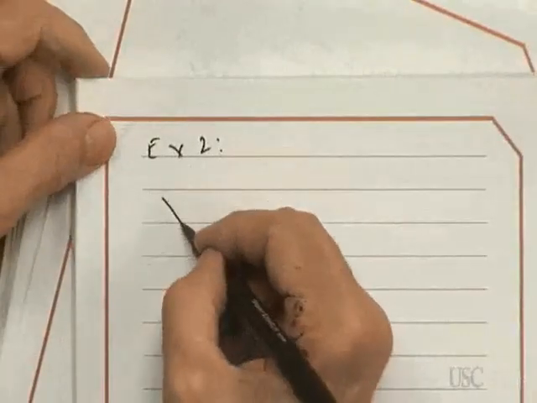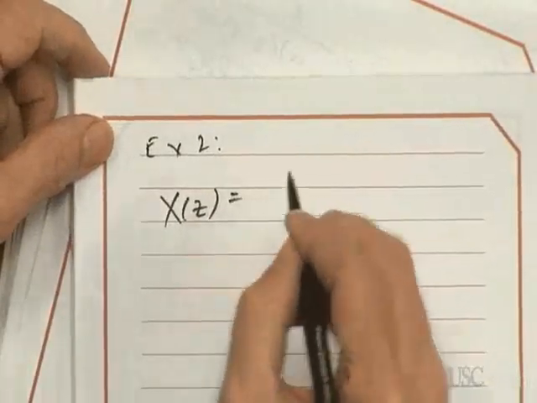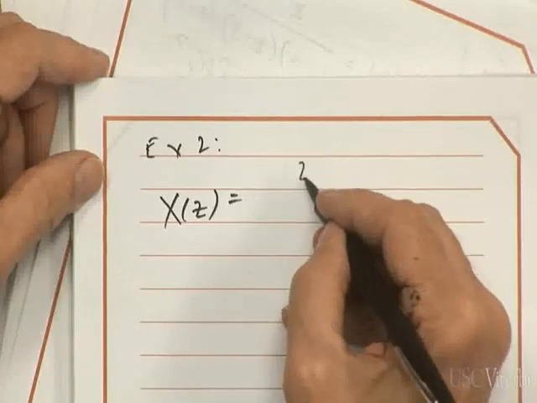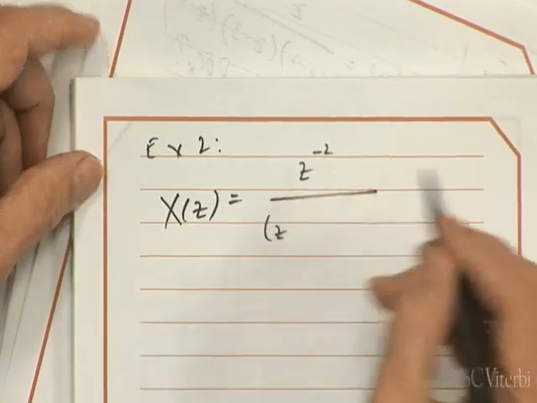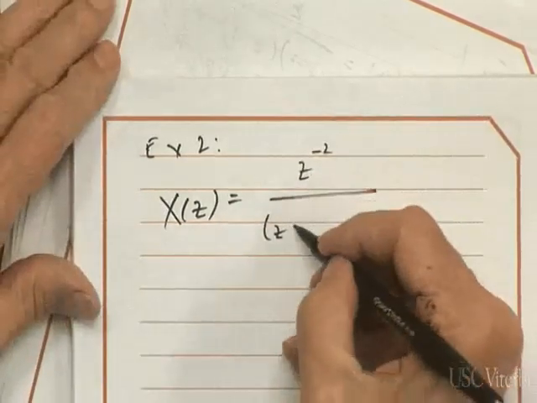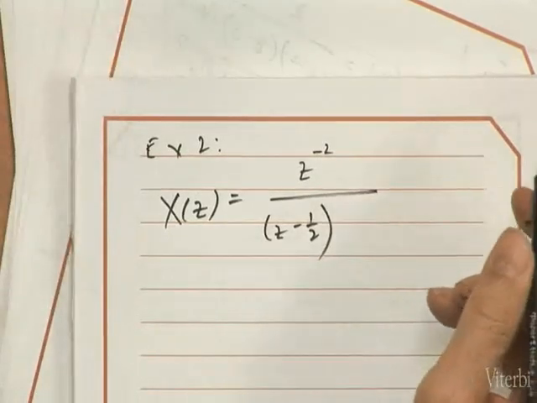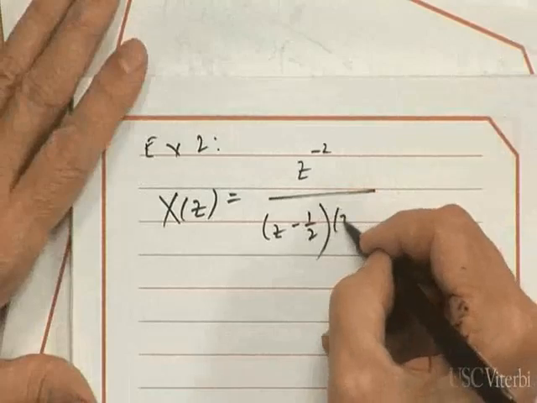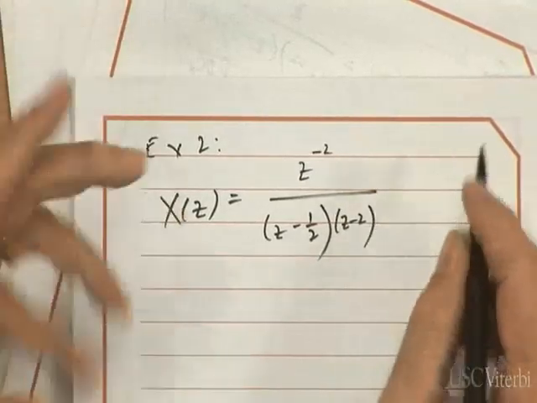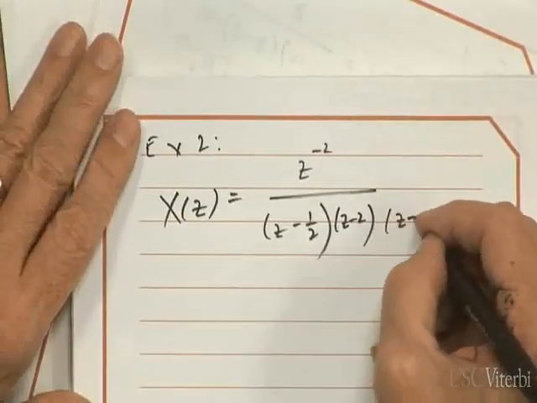I'll call it example 2. Now in this example, x of z is equal to z to the minus 2 over z, and I'm just showing you these examples to get you used to how side information determines the region of convergence or not, and therefore whether you can uniquely determine the inverse Z transform.